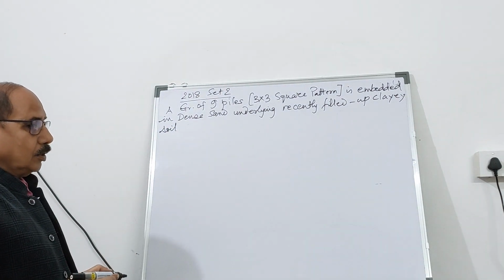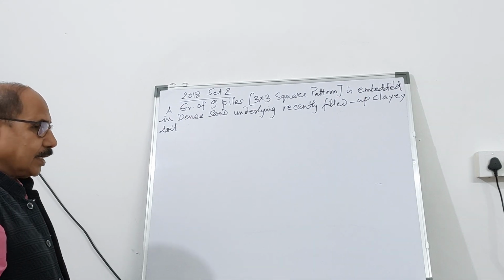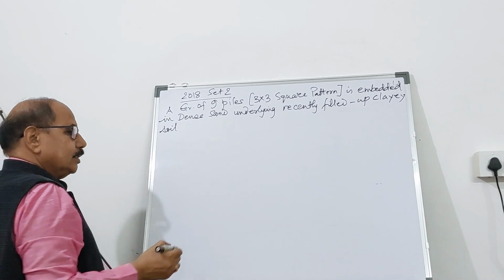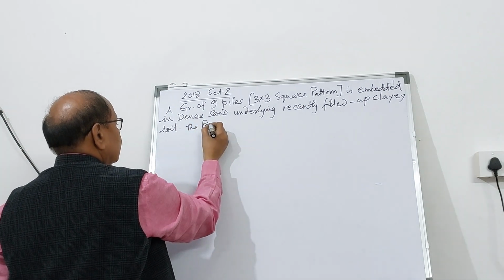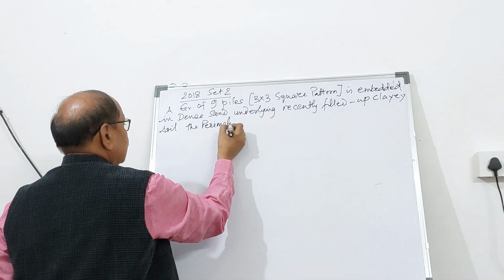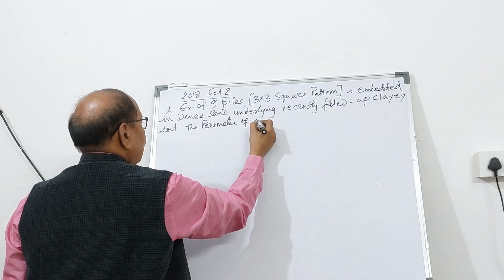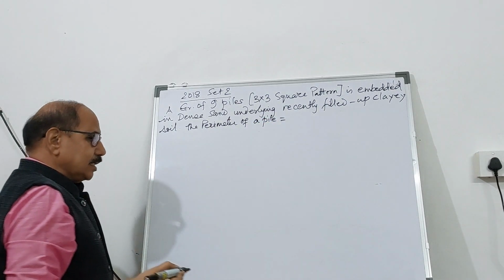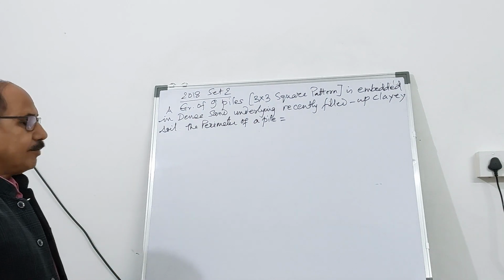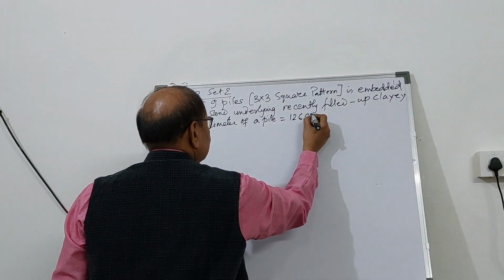So you have a filled up clay layer, and the perimeter of a pile, so single pile, is given as 126 centimeter.